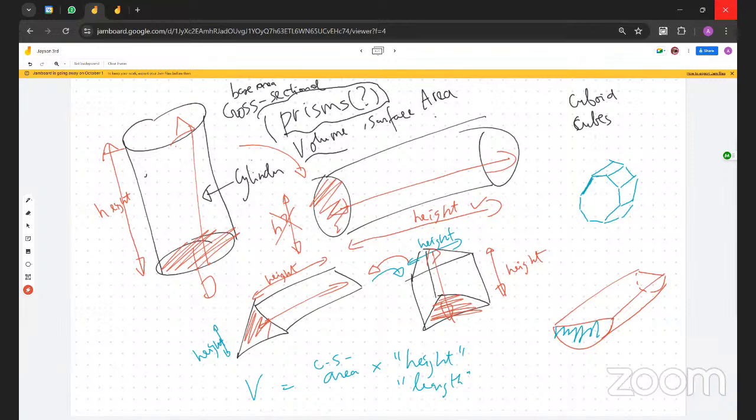This times that. So what is it? The cross-section, this guy, that thing, times the length, which is that one. And therefore your volume will be correct.